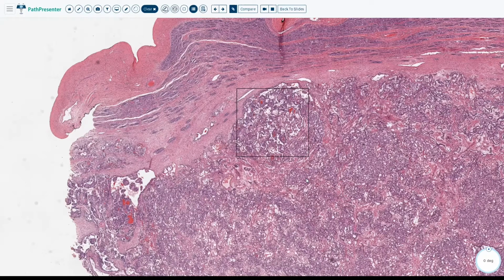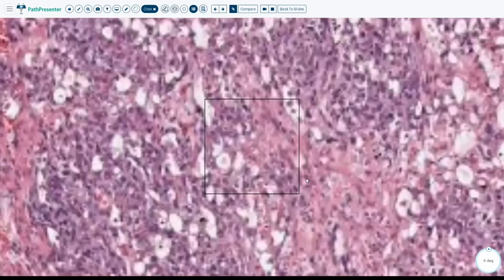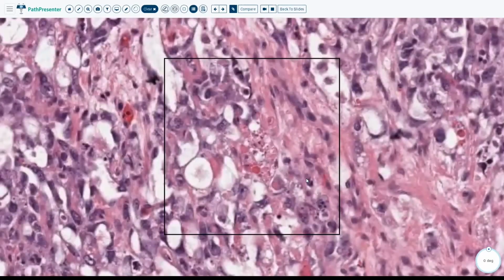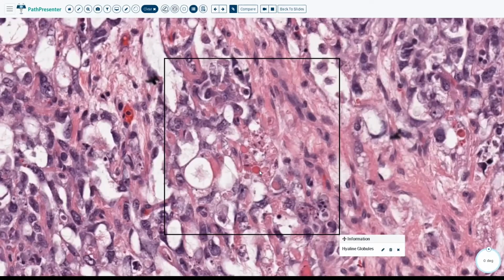And there is one other feature that you can see with multiple patterns that I've also annotated on this slide. If we go to that annotation, which is really close to this area, I'll zoom us in once this loads. What this is showing you here are these eosinophilic hyaline globules, and these can be intracellular or extracellular.